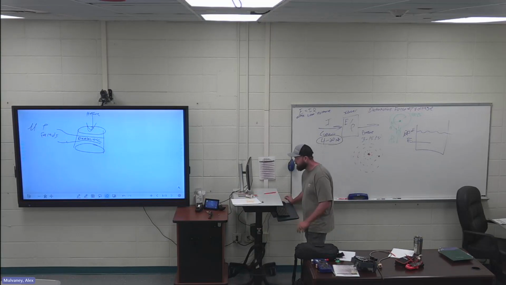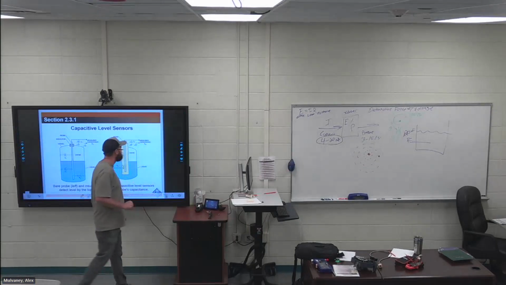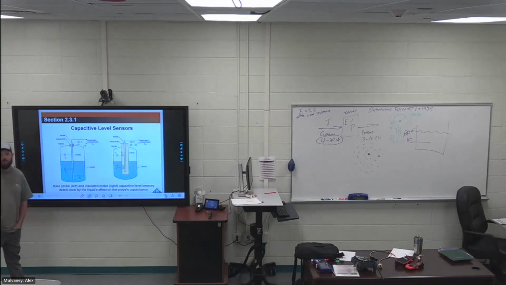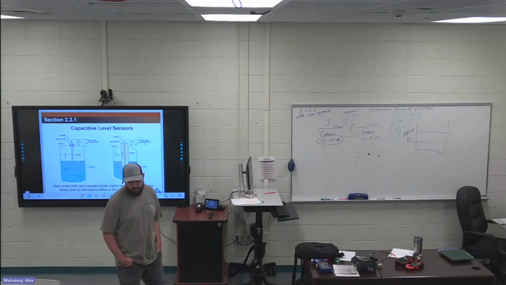All right, so let's talk about how those work. So a capacitor is what? Two plates separated by a dielectric, right? It can be in the form of a disc, or we can turn our whole tank into a capacitor.